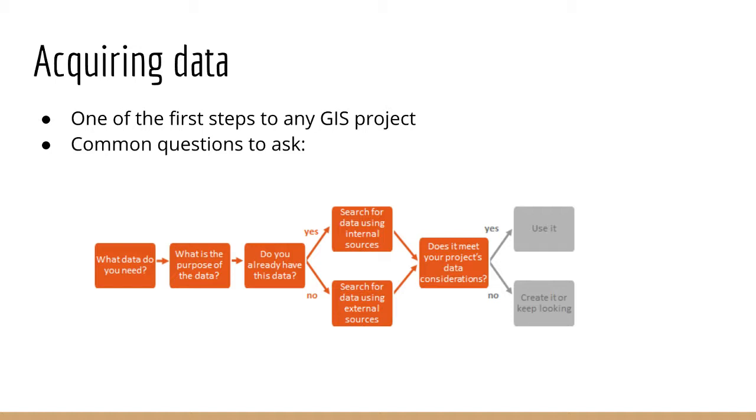Oftentimes we have to modify and update the data to help it fit into the project that we're doing. Maybe add an attribute and populate it, or add actual geographic features to it too. If you answer yes to all of this, you can use the data. If you can't find the data, it doesn't meet your project needs, and you don't already have the data, you have to keep looking for it, or you have to create it yourself.